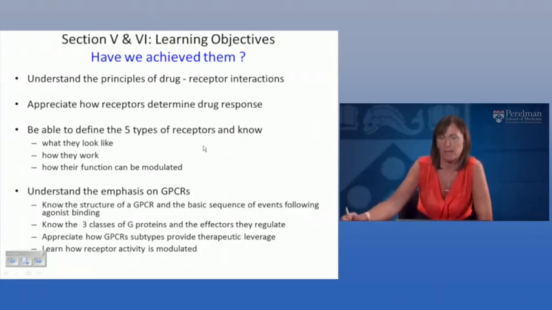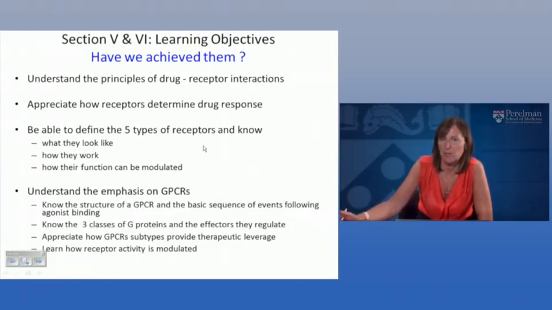So the 7 transmembrane spanning domain, the heterotrimeric G-protein, the sequence of events that occurs following binding of the ligand to the extracellular domain of the G-protein coupled receptor, the dissociation of the alpha from the gamma and beta subunits, resulting in the activation of an effector molecule, typically an enzyme or a protein, and ultimate second messenger signaling pathways involving intracellular calcium, increase in cyclic AMP, and the ultimate pharmacodynamic responses, which in many of our cases was either contraction, constriction, vasodilation, etc.